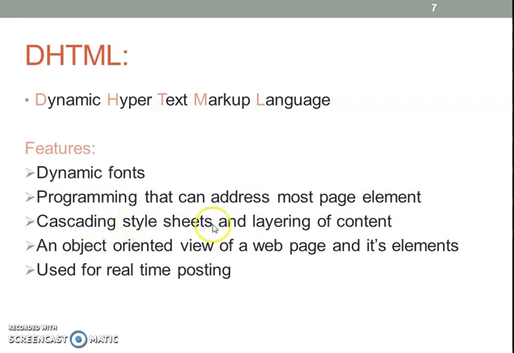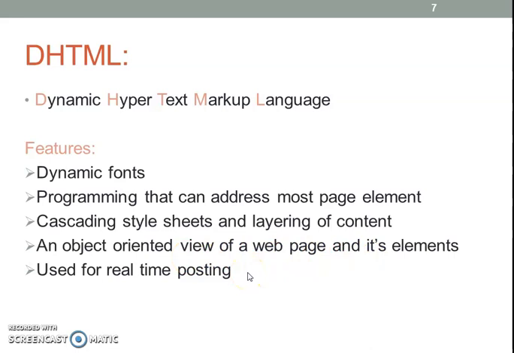Cascading style sheets and layering of contents. CSS stands for Cascading Style Sheets. These style sheets are helpful to provide additional features for representing text. It is available in DHTML, and layering of content is possible. An object-oriented view of the page and its elements.